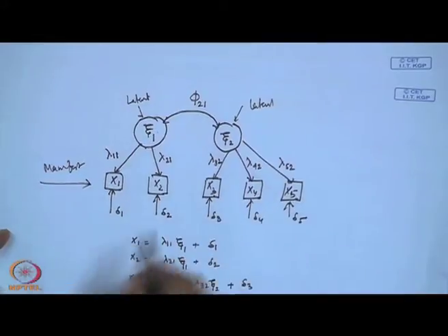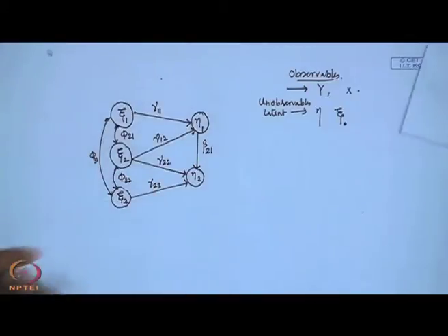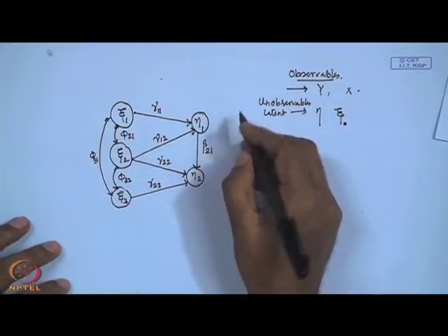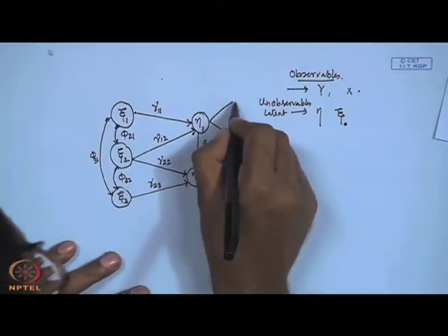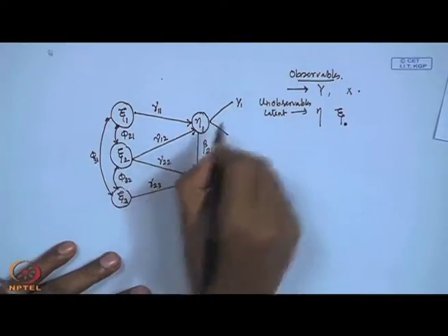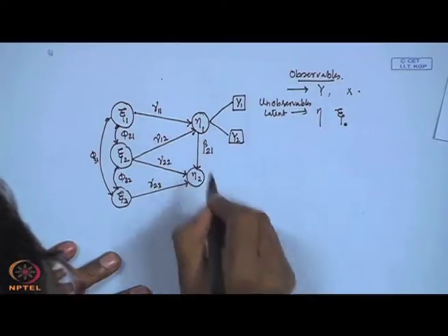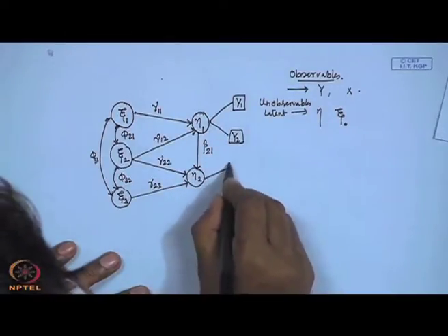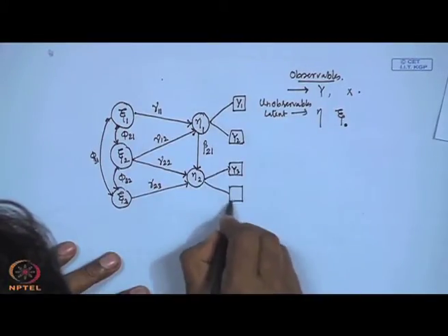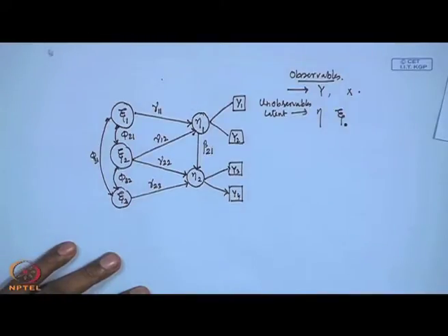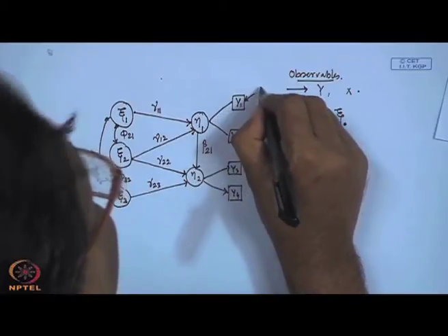So, these manifest variables are used to measure these latent variables. Now, we will do the same thing here. We may create it like this. Let us denote this one as y1, this one as y2, here also y3, y4, and definitely there will be error.